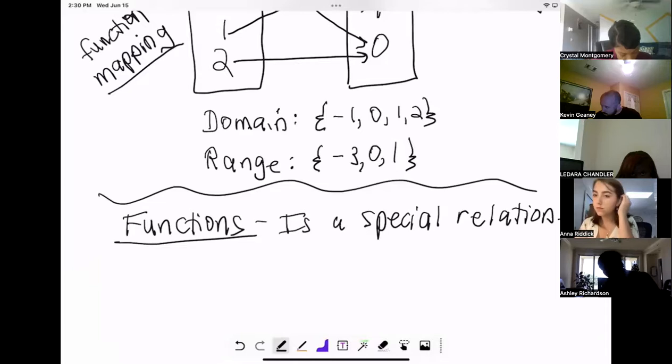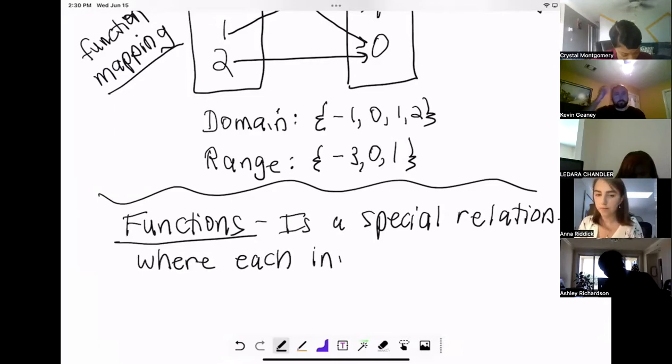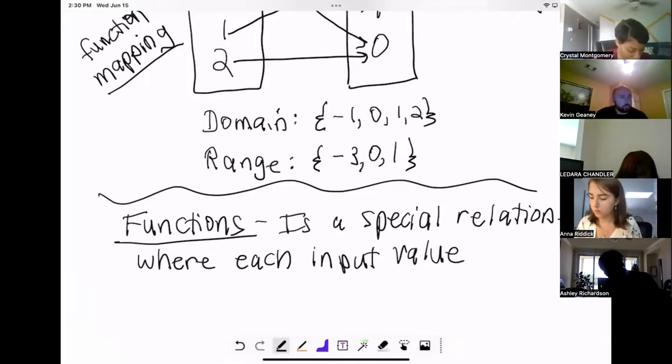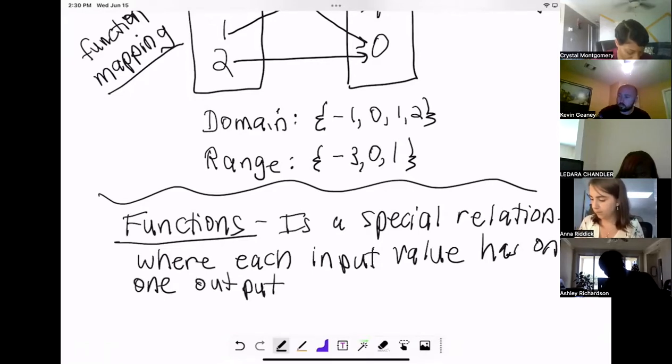So to be a function, it's a relation where each input value has only one output. The way I remember it is this.